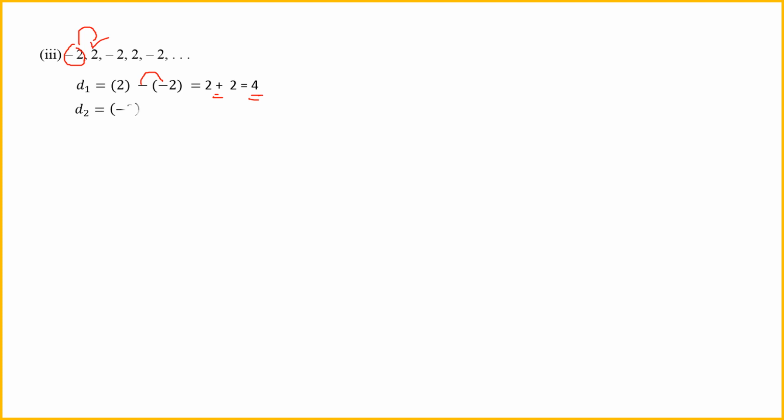Now we take minus 2 and subtract the previous term, plus 2. Minus 2 minus 2 gives minus 4. As you can see, this is positive 4 but this is negative 4, so d1 and d2 are not equal. Therefore, it's not in arithmetic progression.